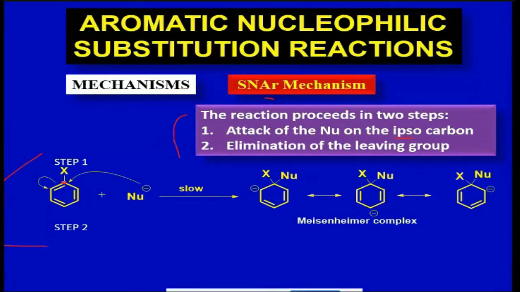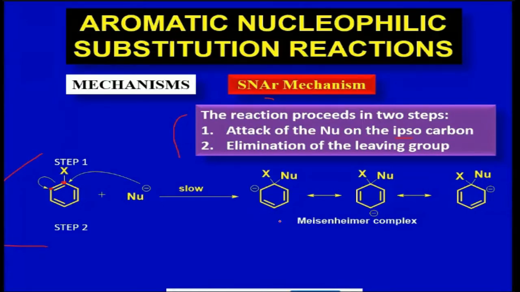It has 3 sigma bonds and 1 pi bond. So one of the pi bonds will be broken, and the direction of the shift of electrons would be away from this nucleophile. These electrons will be shifted onto the next carbon atom, and so this carbon here will have a negative charge.